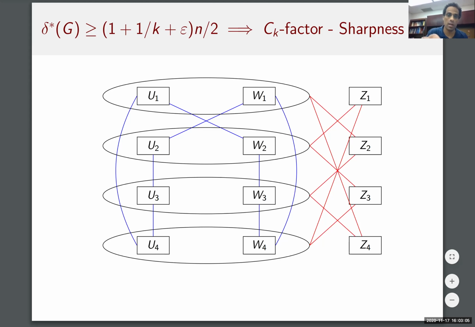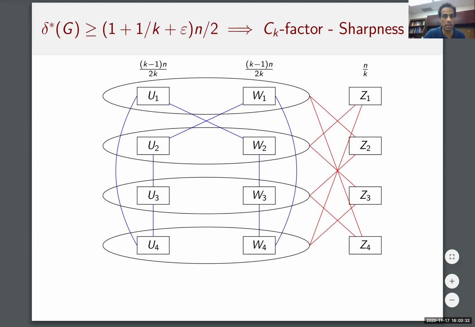Again, because we're thinking of this as the blowup of a C4, there are no edges between V1 and V3, and no edges between V2 and V4. We attach edges in this way, and now the Zi's are size n over k, and then we split up the remaining part of each part exactly in half.